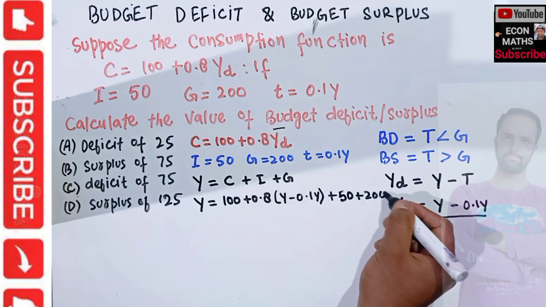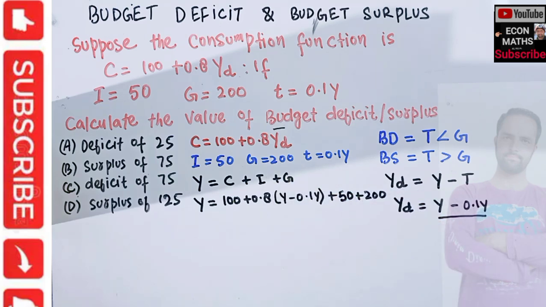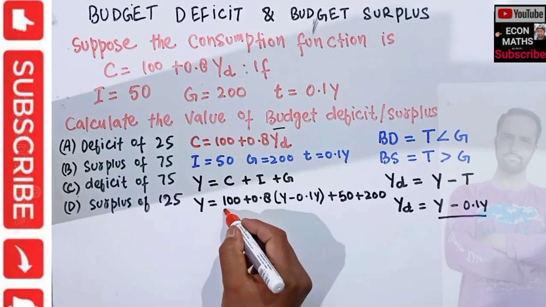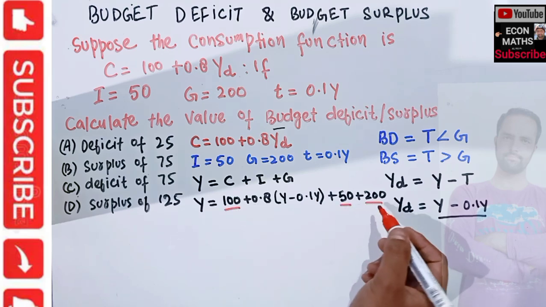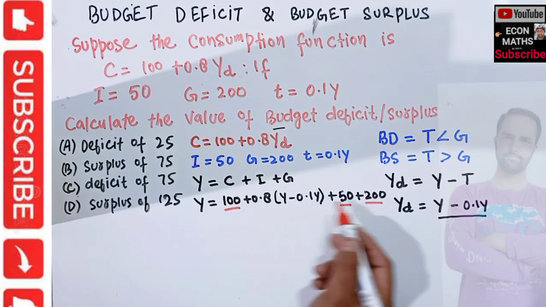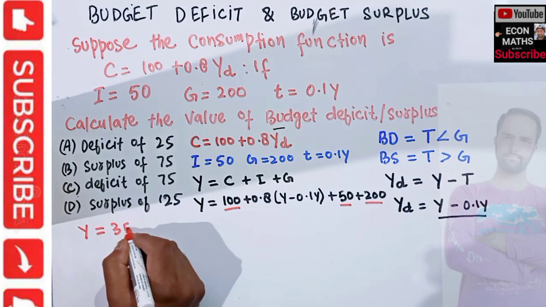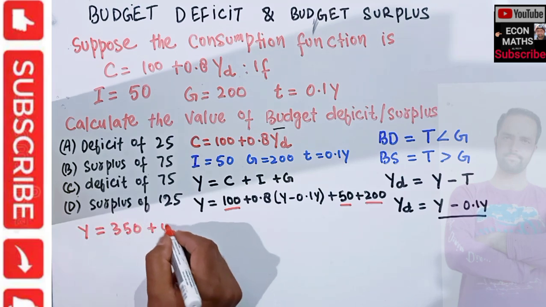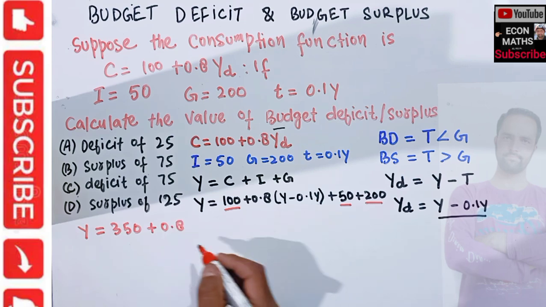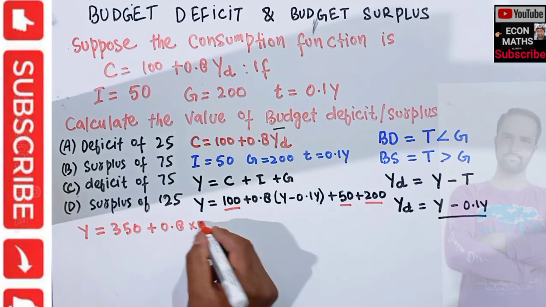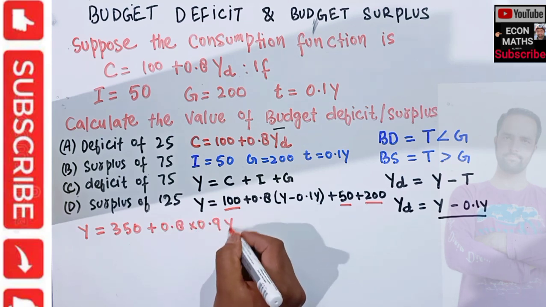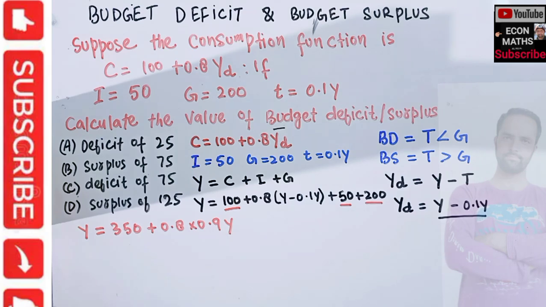Now let us solve it. We have 100, 50 and 200, which is 350. That means Y = 350 + 0.8 (Y - 0.1 Y), which is 0.9 Y. What is 0.8 times 0.9?